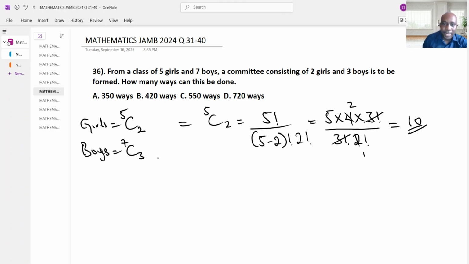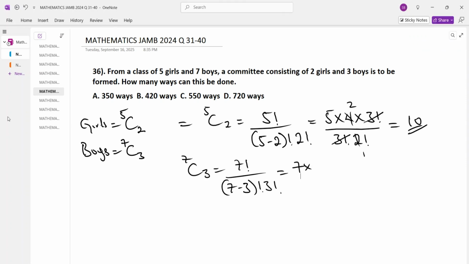It's a 10. And the second one, for the boys, we get 7 factorial over 7 minus 3 factorial, and the same 3 factorial for the three we want to select. Now, if you want to remove the factorial, you multiply backward. 7 times 6 times 5 times 4.